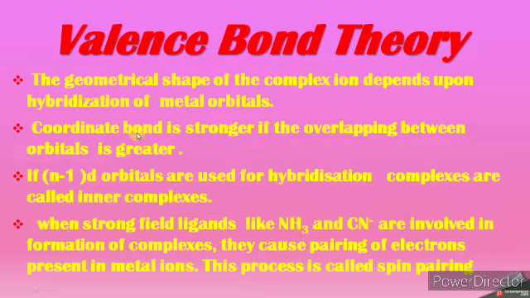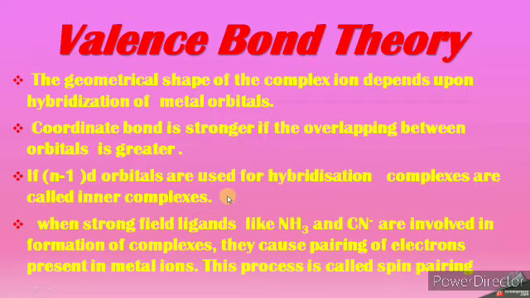Then a coordinate bond is stronger if the overlapping between the orbitals is greater. If n minus 1 d, here if you consider the post transition series, 3d orbitals are used for hybridization, and the complexes are called inner complexes.